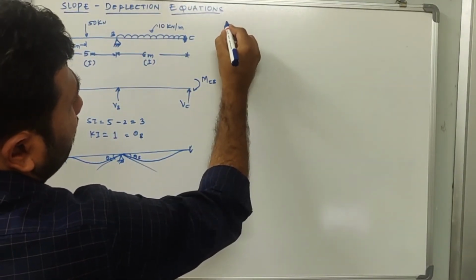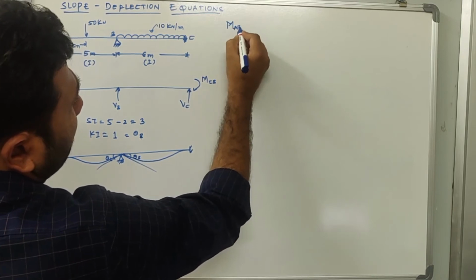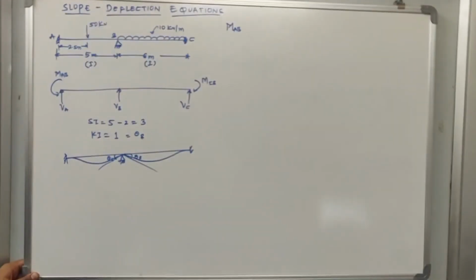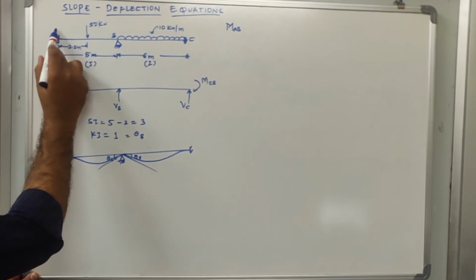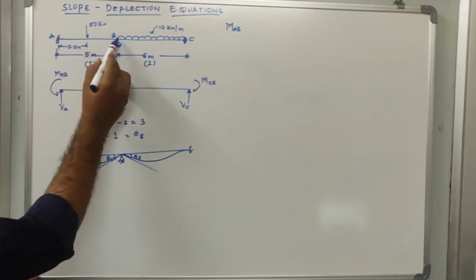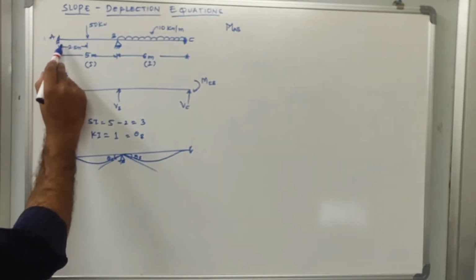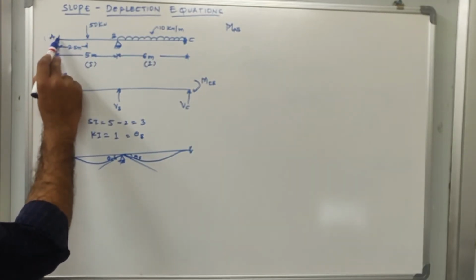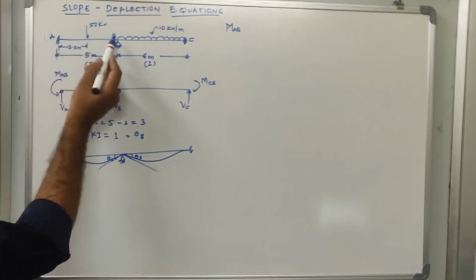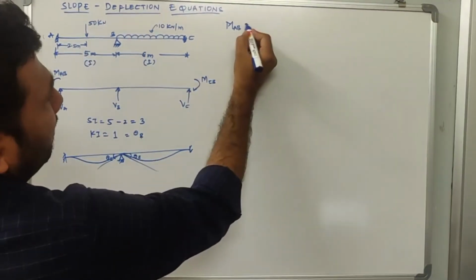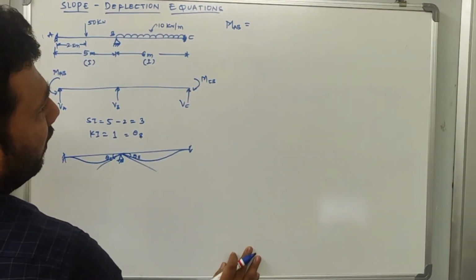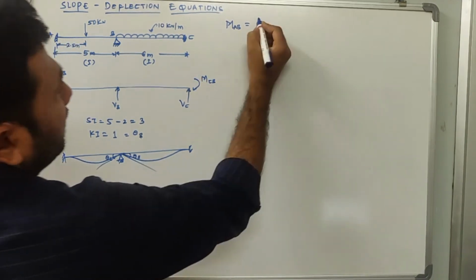First let us try to write the equation for MAB. What is MAB? MAB is the moment calculated for member AB at joint A. So let me write the slope deflection equation for MAB. What will be the equation here?